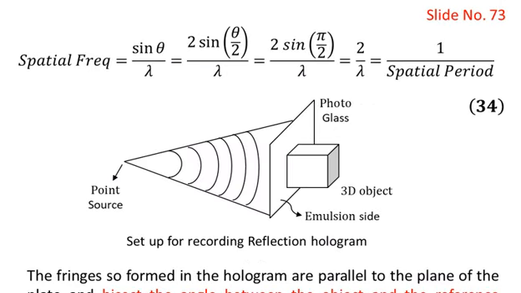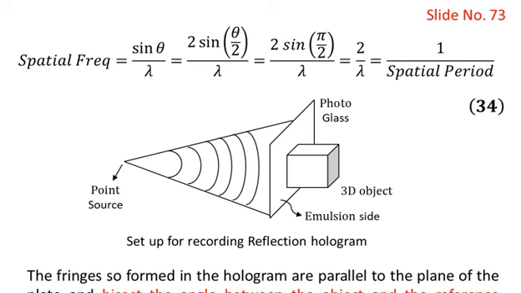For example, in this figure we have a photoglass with the emulsion side facing the 3D object. The object is placed very close to, or just touching, the photoglass or photographic emulsion, and this object is illuminated by a spherically diverging wave coming from a point source.